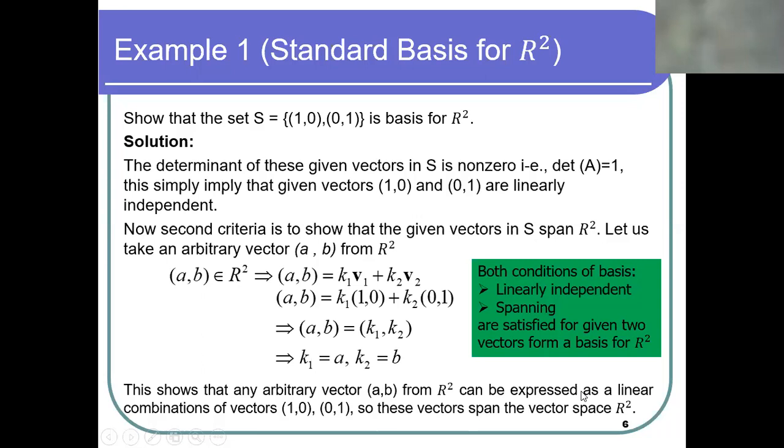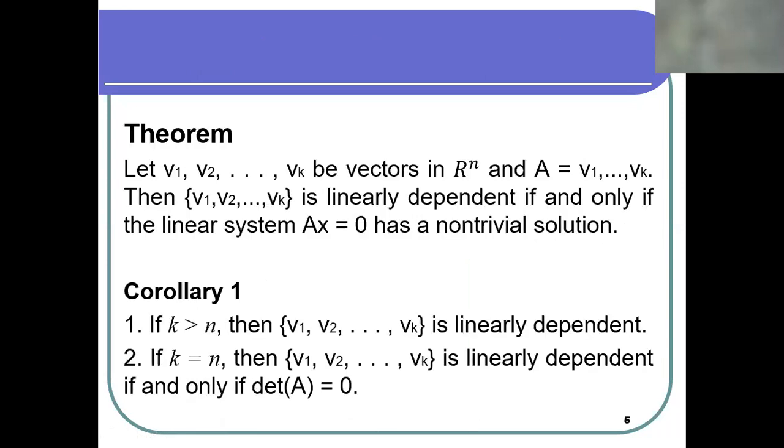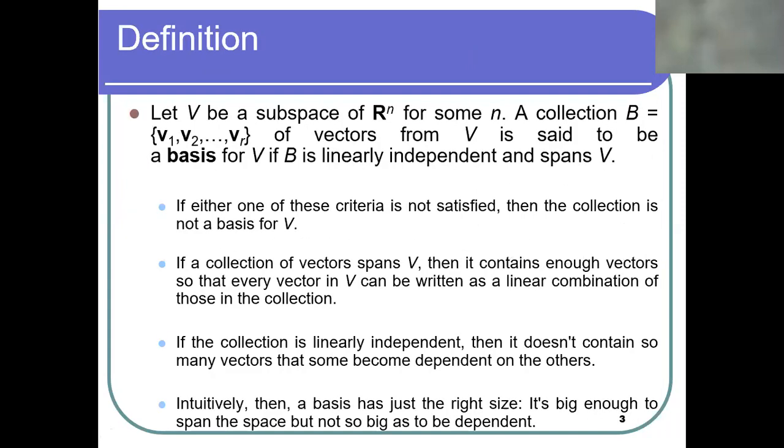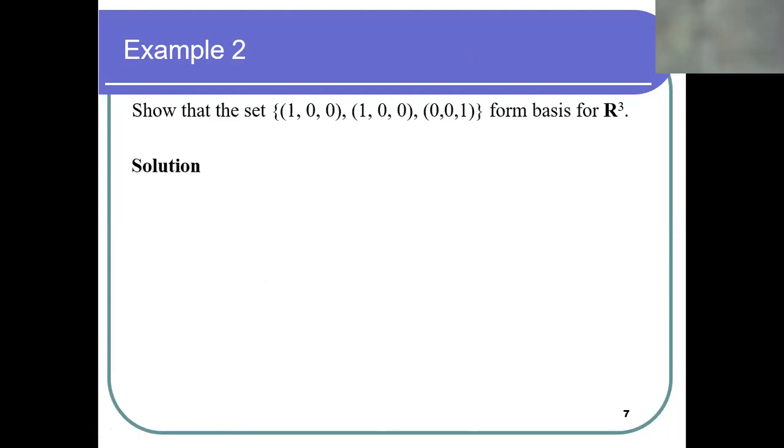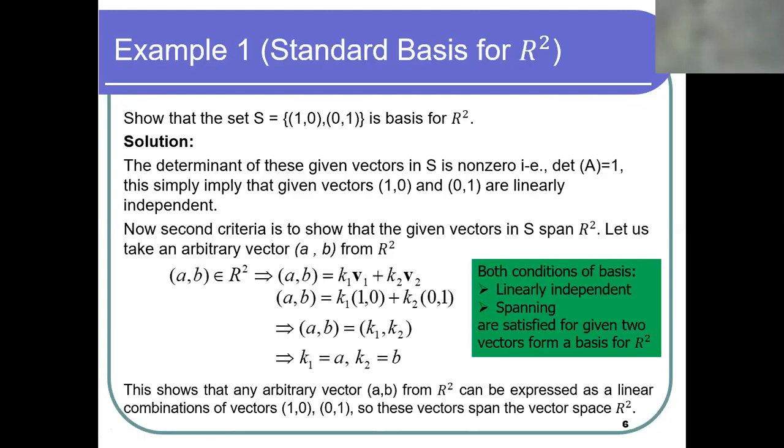So, dear student, both conditions of a basis are satisfied: a set of a larger vector space is said to be a basis for V if it is linearly independent and spans V. So in example 1 both conditions are satisfied, and we can say the elements given in S form a basis for R².